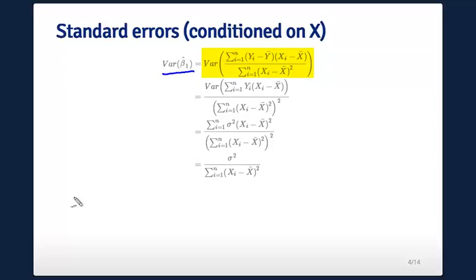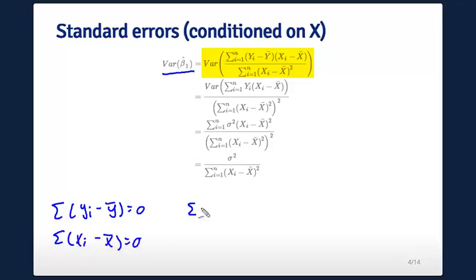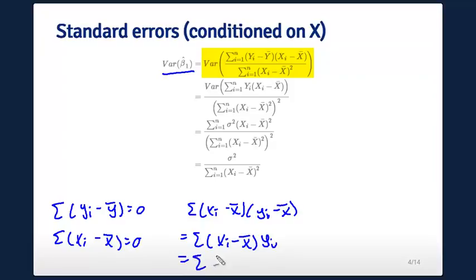Then remember that because summation yi minus y bar equals 0 and summation xi minus x bar equals 0, we could write summation xi minus x bar yi minus y bar either as summation xi minus x bar times yi, or as summation yi minus y bar times xi. Either of those works. You can work out the arithmetic.